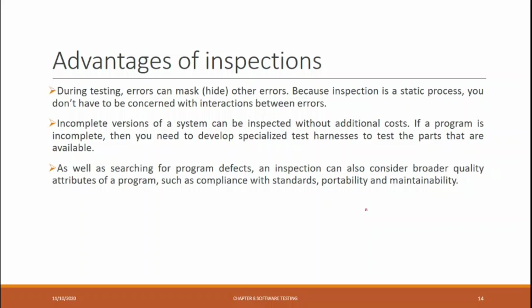An incomplete version of a system can be inspected without additional cost. For example, a software developer designs a product which is not complete, and he may deliver it to the next stages.